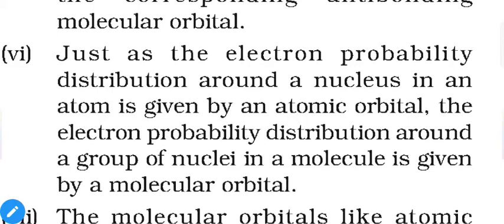There are no rigid shapes present around the atoms. It is just a possibility, which we call orbitals. The probability of finding an electron in a certain region is called an orbital. If we are trying to find electrons around an atom, then it is an atomic orbital, and if we are trying to find electrons around a molecule, then it is called a molecular orbital.